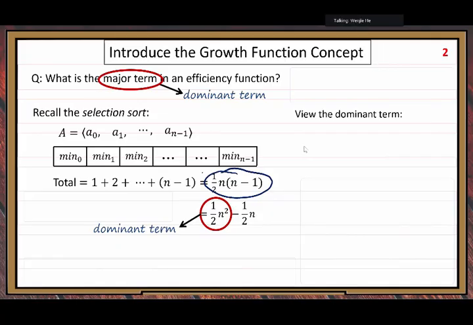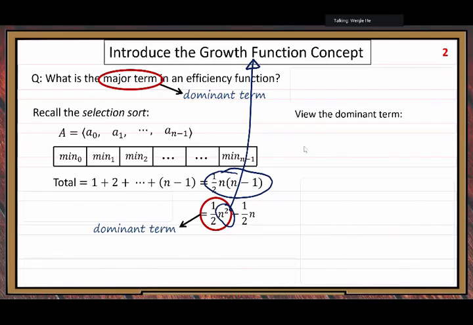After this two-round simplification, we get to the growth function, as simple as possible. We want to make our growth function as simple as possible. For this example, selection sort, the growth function for its efficiency function is n squared.